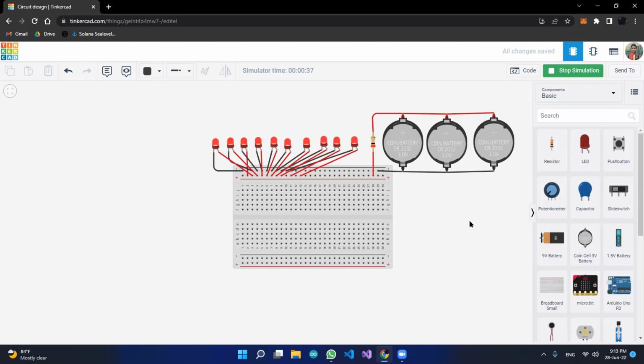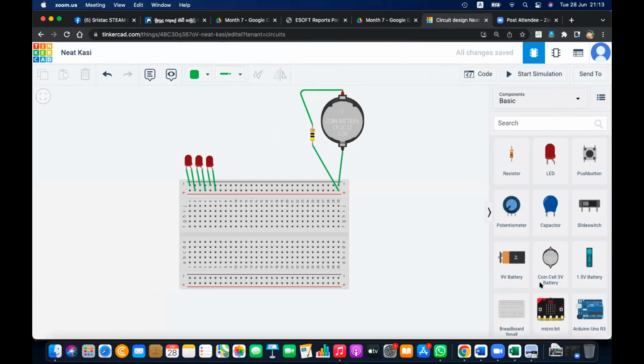Okay, so you can add parallel batteries and do this. So how can we parallel the batteries? Let me show this. When you connect batteries in parallel, it will increase the amperage, so I'm adding 2 more batteries.